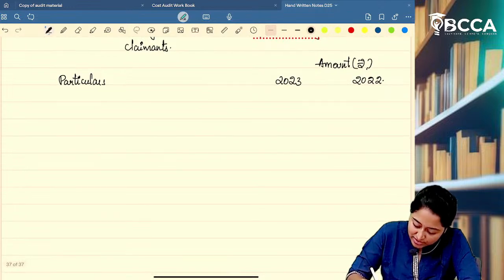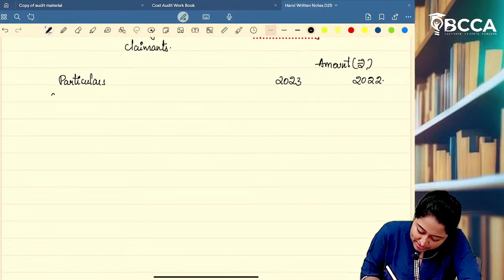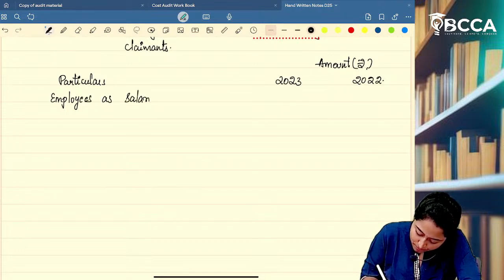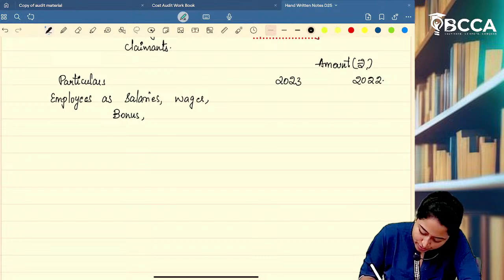Now, first, employees as salaries and wages. Employees as salaries, wages, bonus, gratuity.